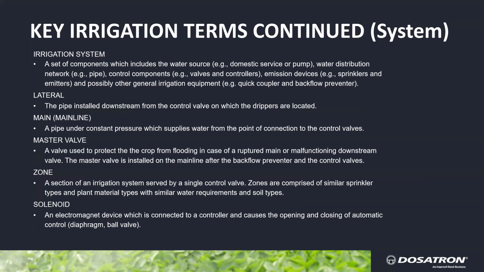So you've got your main component, and then you've got a bunch of lateral lines that are then distributing through your grow and allowing you to place our emitters or our nozzles and distributing that water then to the plants. A main line is going to be where our lateral lines are then traveling from. And so main lines are under constant pressure, and that is coming from our source and headed out to our control valves.